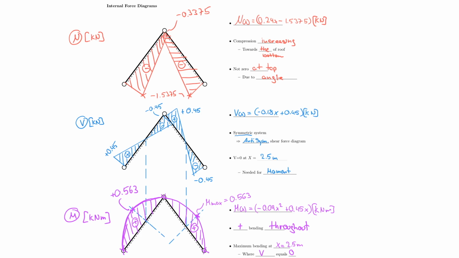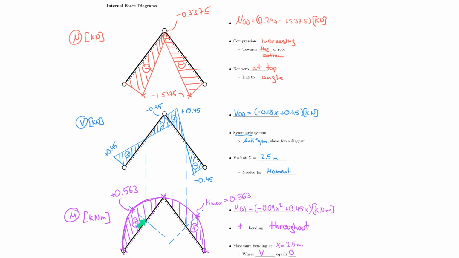Before we do that, let us discuss these again. So normal force increasing downwards, and every piece of snow adds more and more weight here until it's supported. And so this graph makes perfect sense. The shear force diagram has to be linear because effectively there's an evenly distributed force acting on the roof. And because it's a symmetric system, the shear force must be anti-symmetric with a zero pass-through at the middle of the members.